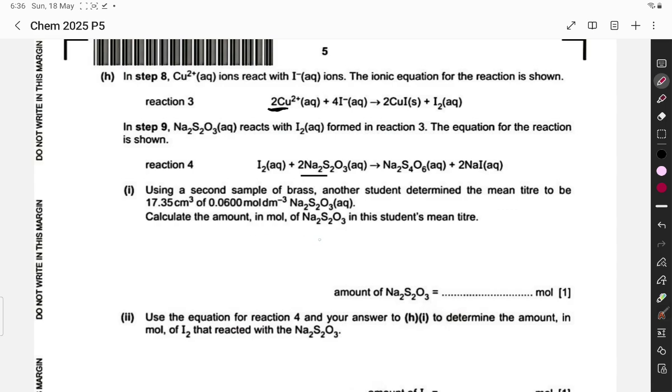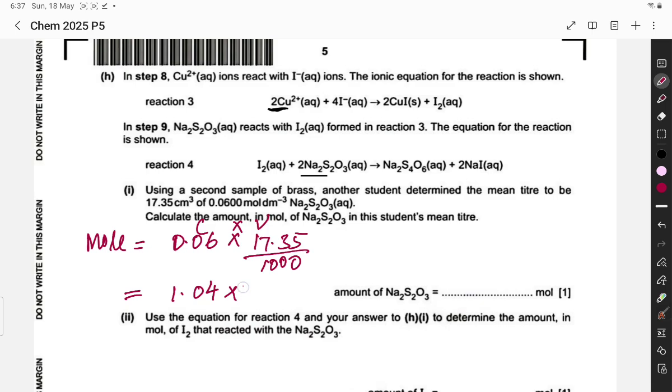Calculate the amount in mole of sodium thiosulfate in the student's mean titre. So mole is equal to 0.06 times 17.35, concentration times volume divided by 1000. The answer is 1.04 × 10^-3.